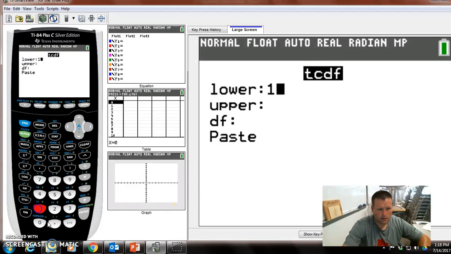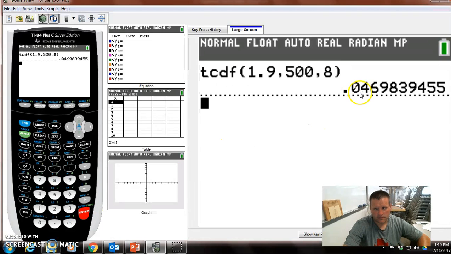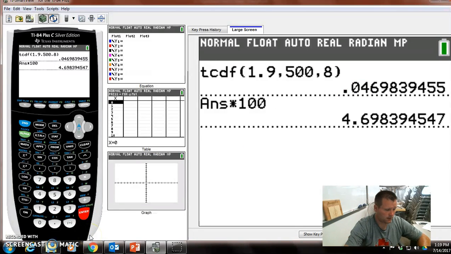So we'd go 1.9. We go our upper bound, which is our favorite big number. And then our degrees of freedom on that first one was 8, if you're looking at the slides. And we just hit enter, and it'll give us this. If you times this by 100, then it gives you the 4.7 that we had.